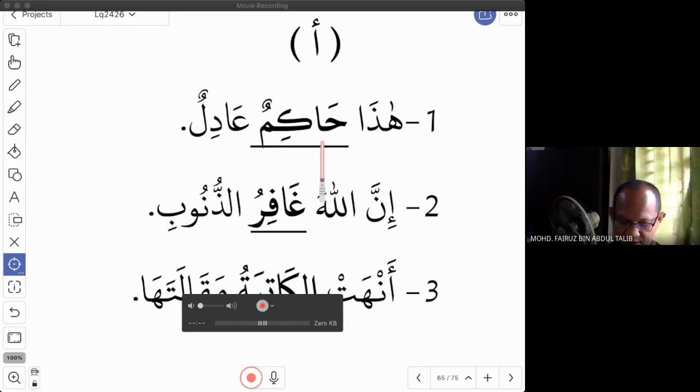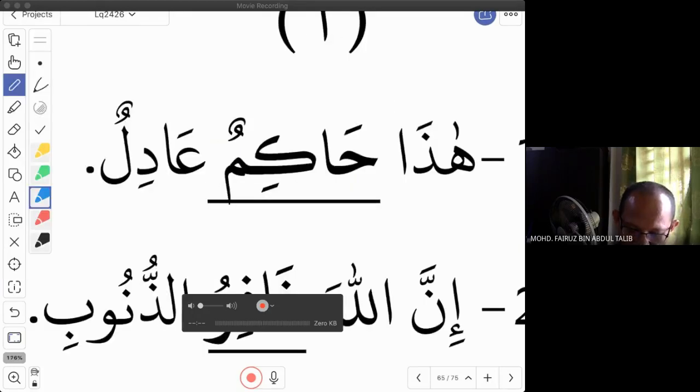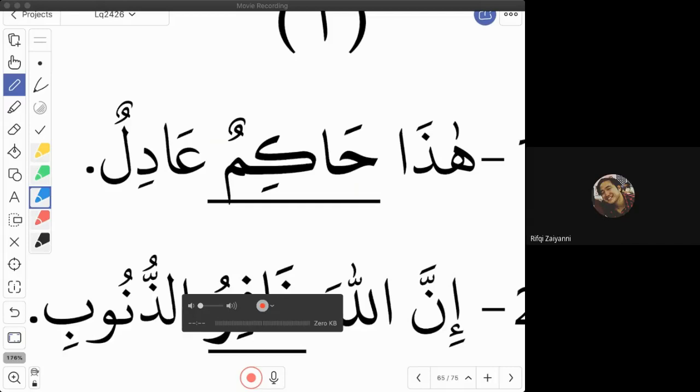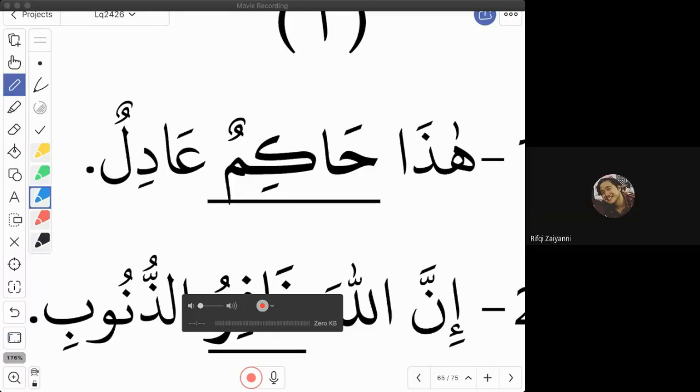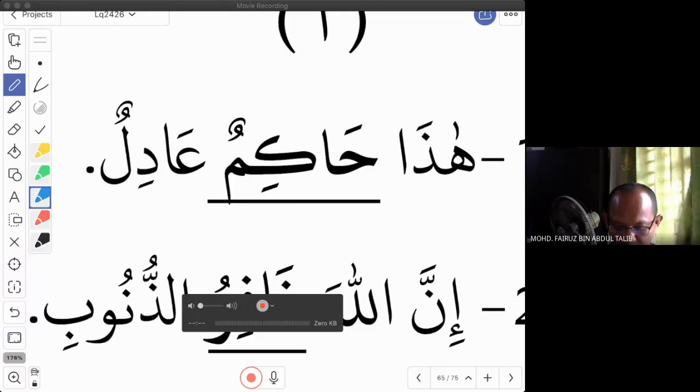Can you guess? This is from the fi'il ha, kaf, mim. Hakama. Hakima. Naam. So the word is hakama.